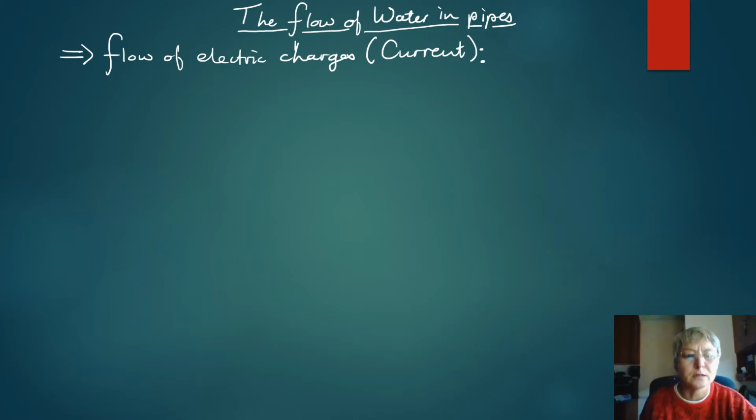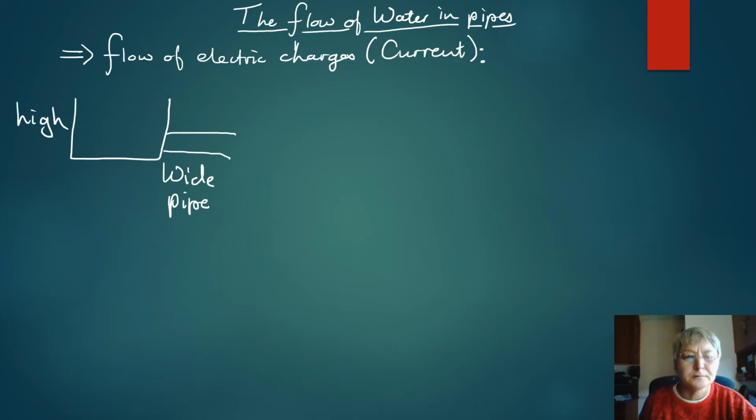Your water will always flow from a reservoir that is high up, in the mountains, like a dam, and the initial water comes out through a very wide pipe. So this is a high reservoir, so you've got high potential energy.